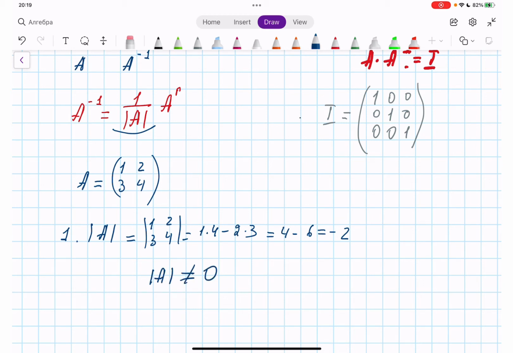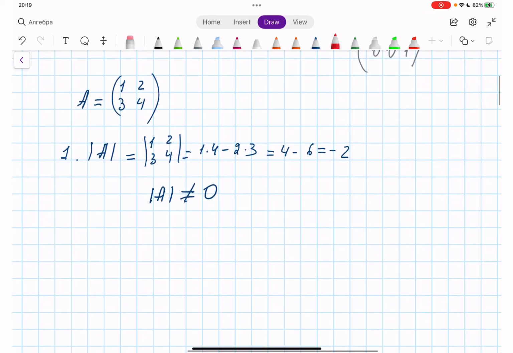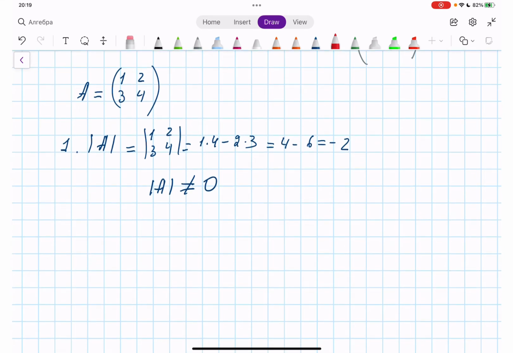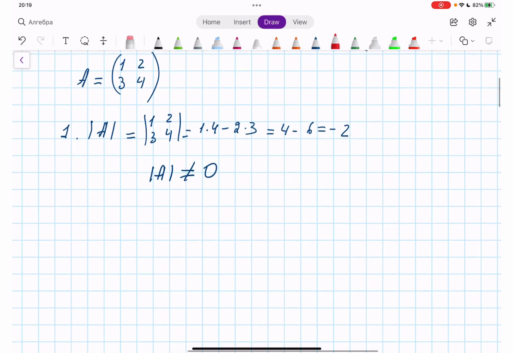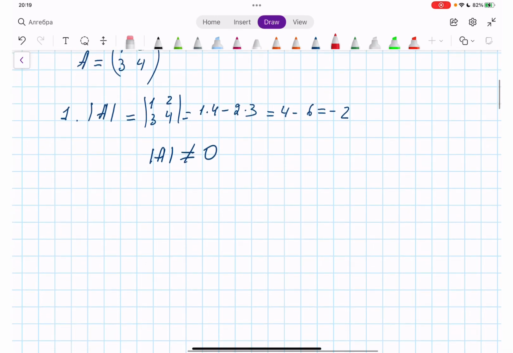It's the same thing over and over: we cannot divide by 0, because division by 0 gives us an undefined value. So we mark down that the determinant cannot be 0, because if it's equal to 0, then the inverse matrix does not exist. We have negative 2, it's not 0, we are good. Moving to step number 2.